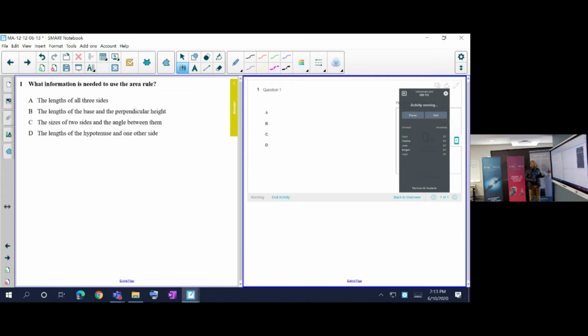Or D, do you want the length of the hypotenuse and the other side? So which one will be correct between A, B, C, and D? Okay, I think you have made your decision.